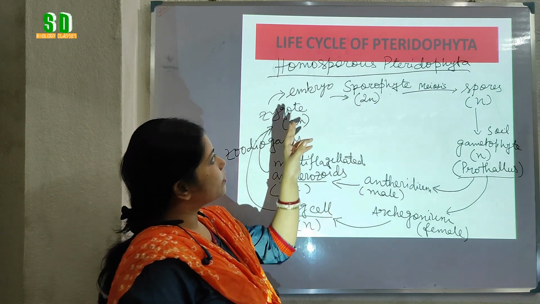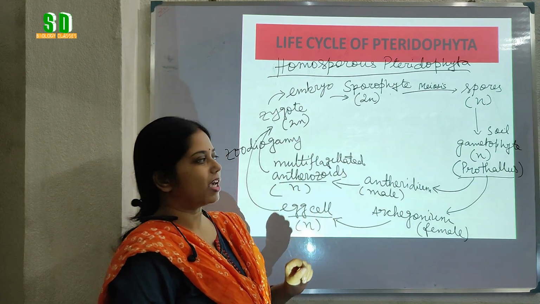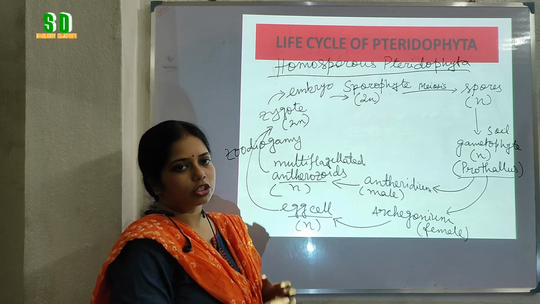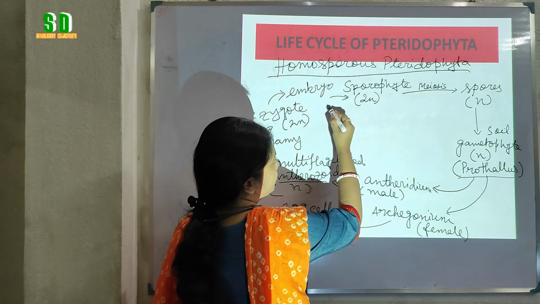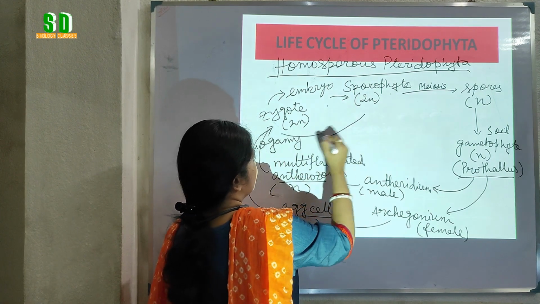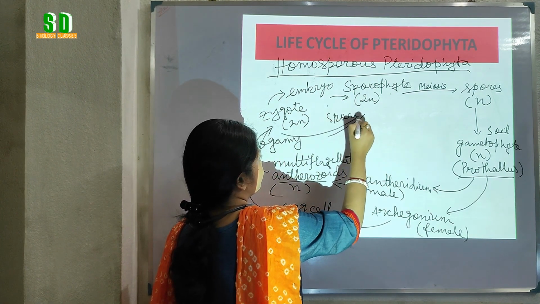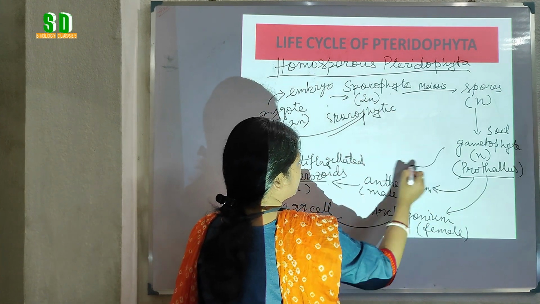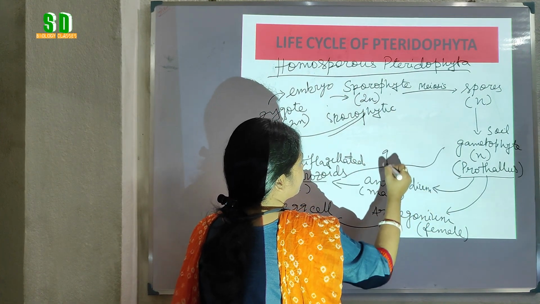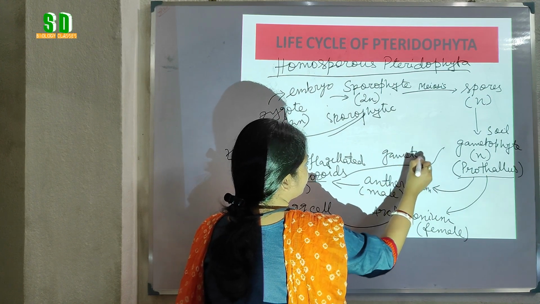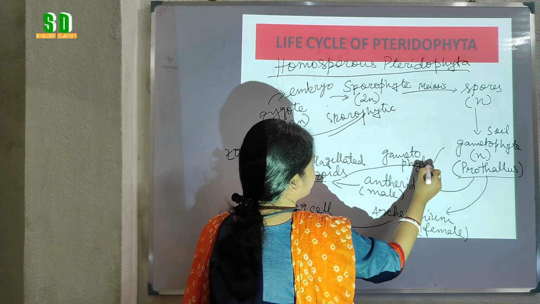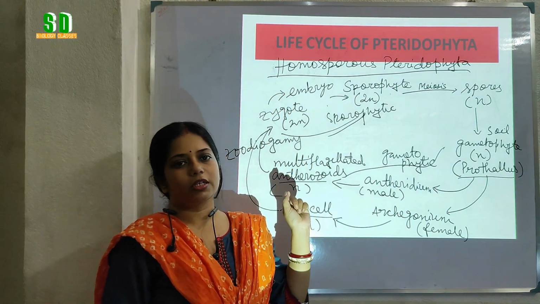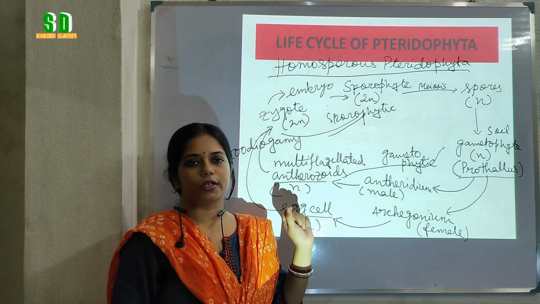This is the life cycle of the homosporous type of Pteridophyta, where we can see the clear alternation of generation. So this phase is the sporophytic phase, and the rest of the phase is the gametophytic phase. So this type of life cycle we can see in case of the homosporous pteridophyta.